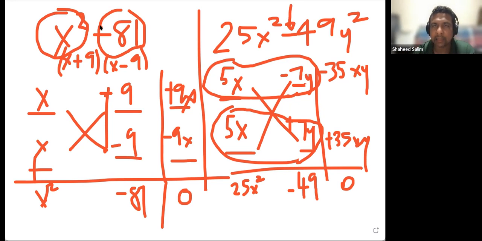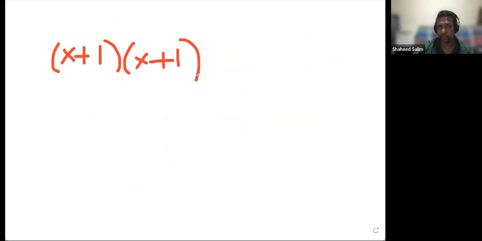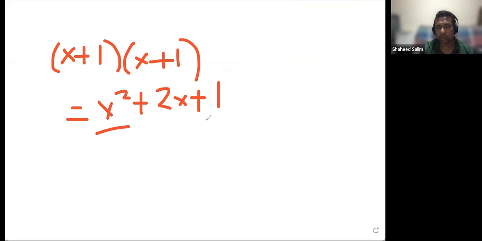Because when you do plus, let me show you another one. Let's say I put plus: x plus 1, x plus 1. When you expand, you will get a center term. What's a center term? It's 2x, right? Just now we already did it, x squared plus 2x plus 1. Although this can be factorized, 1 times 1, there is a center term. What about x minus 1, x minus 1?